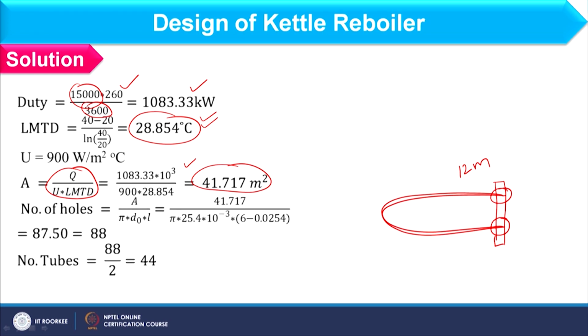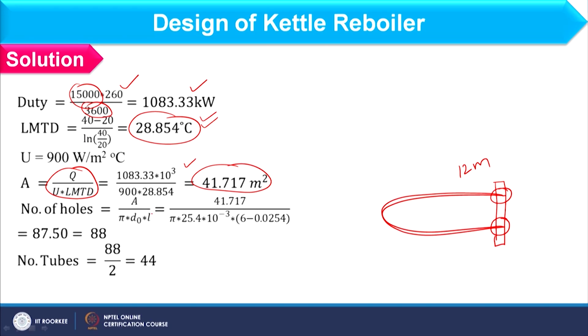However, you can have a different approach here also, like if I consider half length of the tube, okay, and that should be 6 meter, and if I am considering that length, it will enter only once into the tube sheet. Okay. So, in that way I find out the heat transfer area of a single tube, and then we can find out the number of tubes.